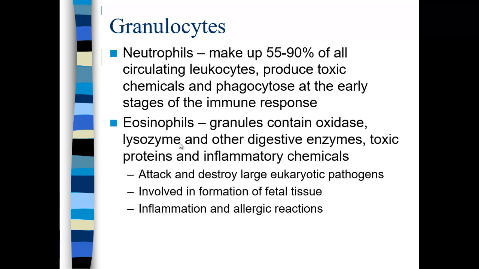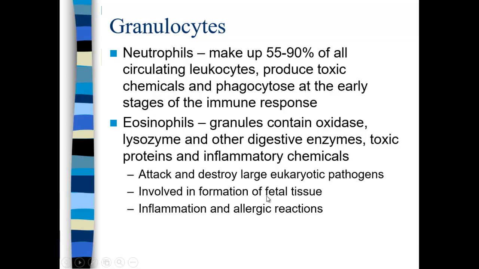Then you have eosinophils, and these eosinophils have granules that contain oxidase, which will oxidize tissues, lysozyme, other digestive enzymes, toxic proteins, and inflammatory chemicals. So they will attack and destroy large eukaryotic pathogens, especially helminths.